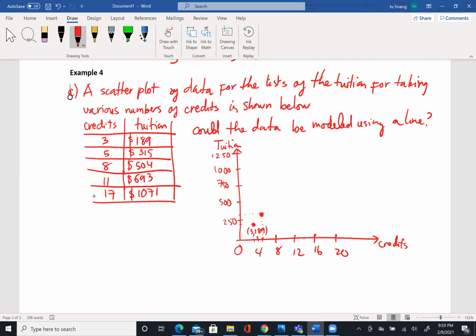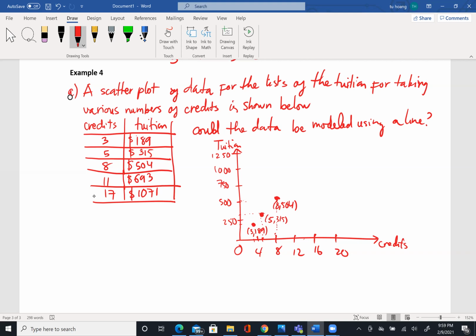So here's 5, 315. Then I have 8 with 504, around here. So I write 8, 504.